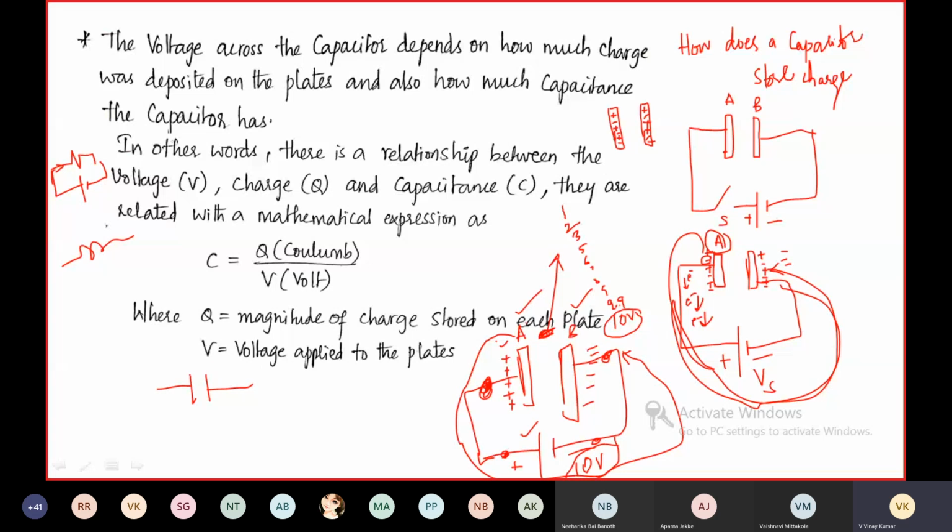Whereas in a capacitor, no conducting path is present between the two plates.